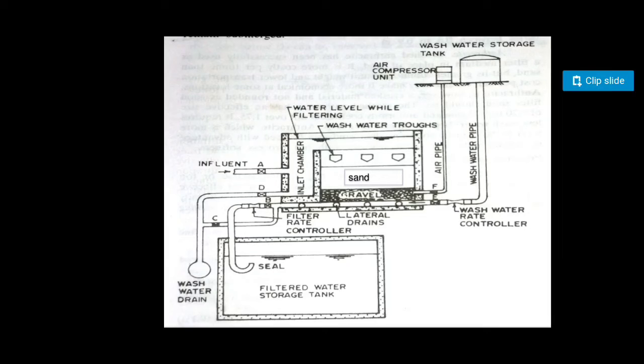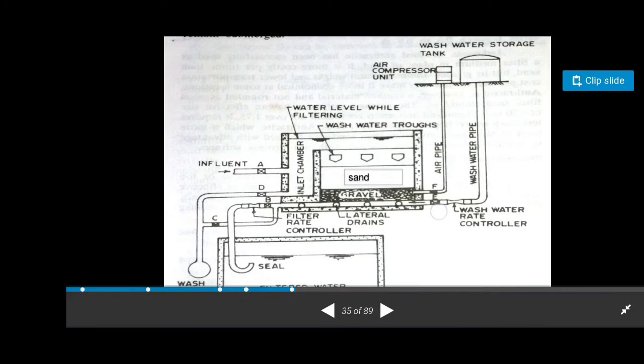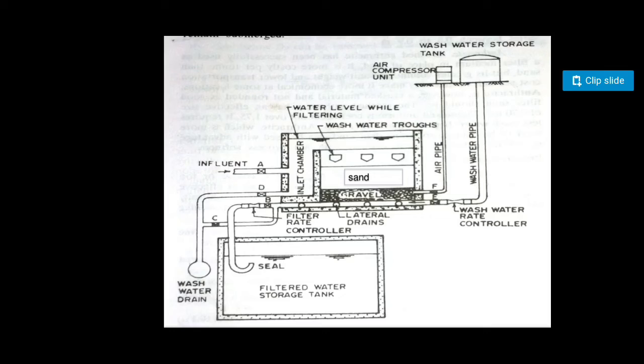From the water storage tank there is a pipe called the wash water pipe, and this wash water pipe is controlled by a valve E, which is disconnecting or connecting the water storage to the main system.